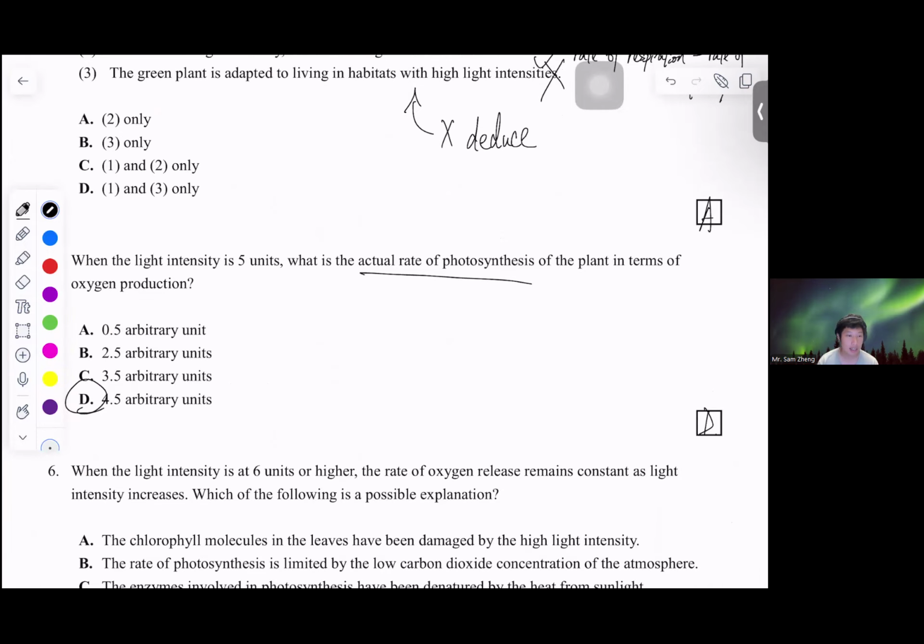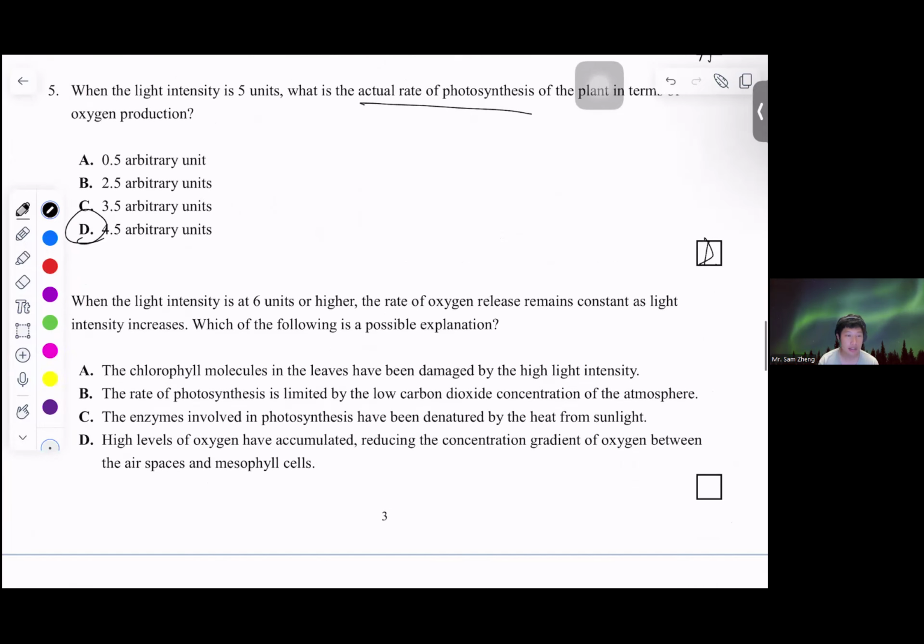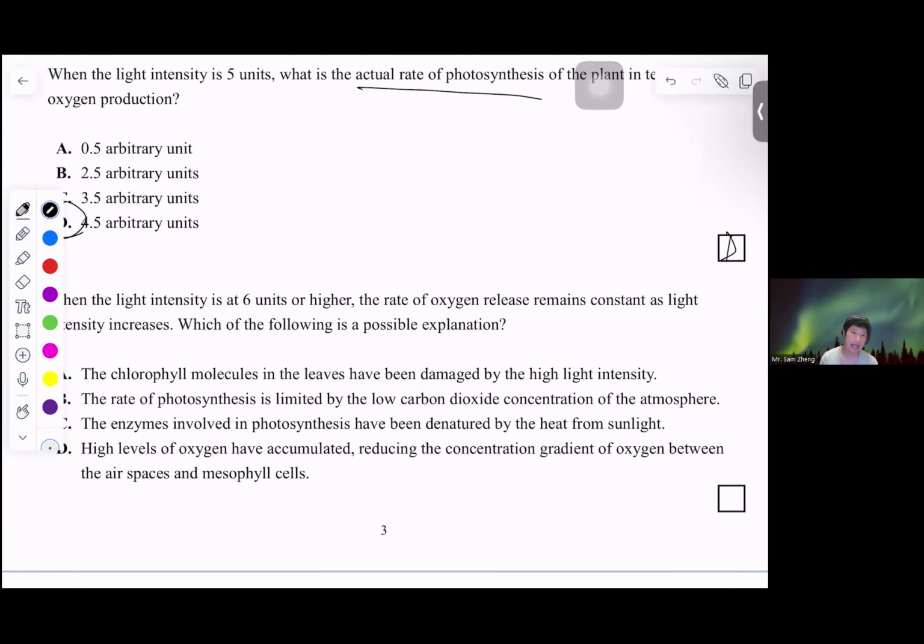So next, we move on to 6. When the light intensity is at 6 units or higher, the rate of oxygen release remains constant as light intensity increases. Which of the following is a possible explanation? First, it mentioned that the chlorophyll molecules in the leaves have been damaged by the high light intensity. Is this correct?